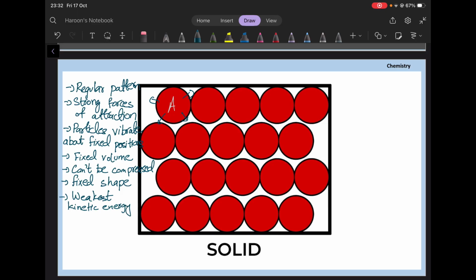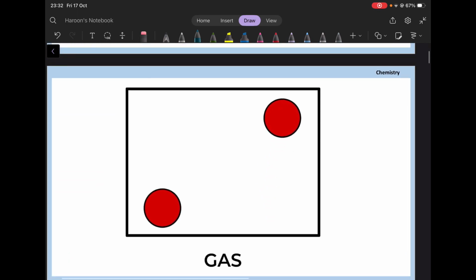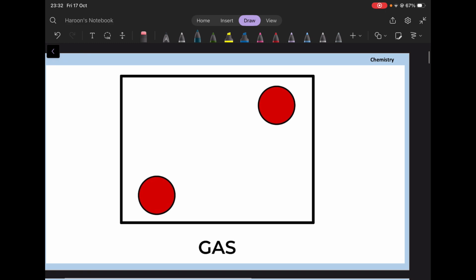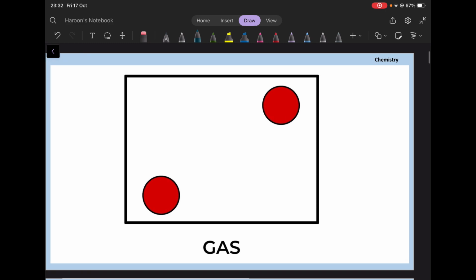Okay, now let's move on to gases. This is more or less the arrangement of particles in a gas. So what we see over here is an irregular, random arrangement, just like for liquid. We see a lot of empty spaces in between.